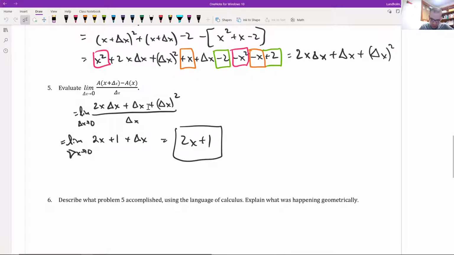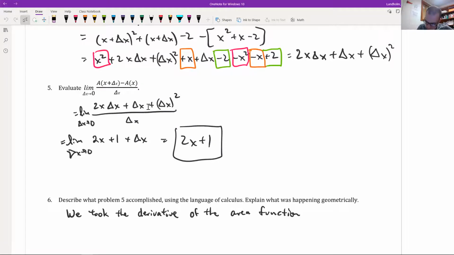So we took the derivative of the area function, and we took it with respect to x, because we were looking at a little nudge in x and watching what happened as this difference quotient, as delta x went to 0.